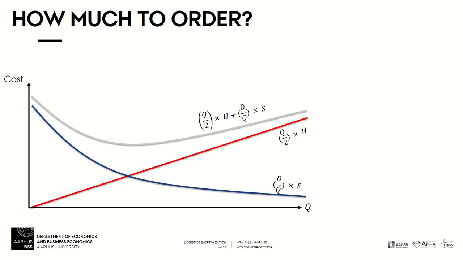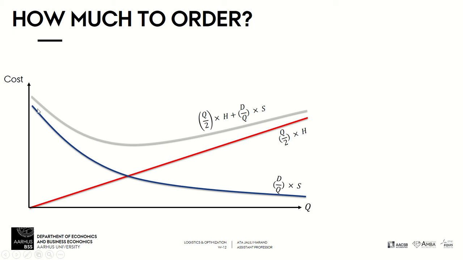We can plot these different curves based on Q, taking Q as the variable, so we can see for different Qs how these cost terms will look. We have the red line, which is a linear line with respect to Q. As you can see, it is H over 2 multiplied by Q, so it is linear in Q, which is the inventory holding cost.